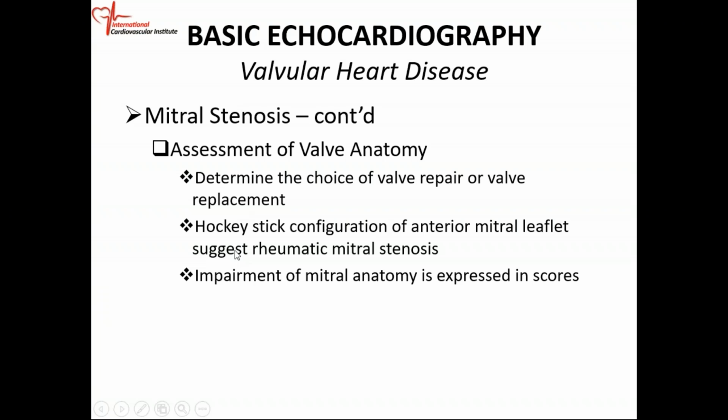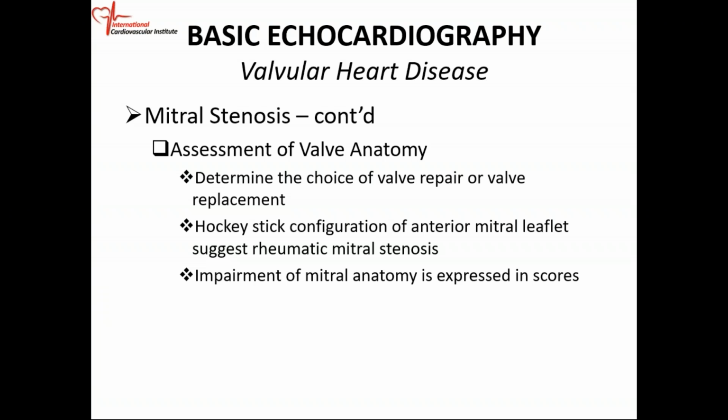So if it's a rheumatic mitral stenosis, then you can describe the characteristic configuration of the anterior mitral leaflet. Okay, that will tell them that it's a rheumatic etiology. You have to also tell them about, is the valve mobile? Is the valve thickened? Is the valve calcified? And then with the subvalvular apparatus, the same thing.